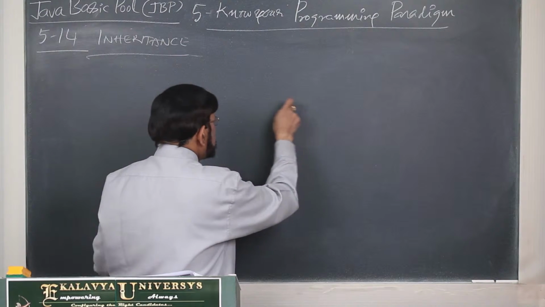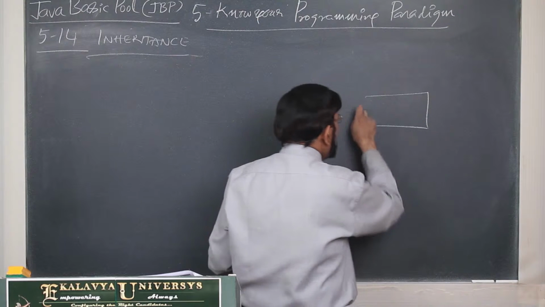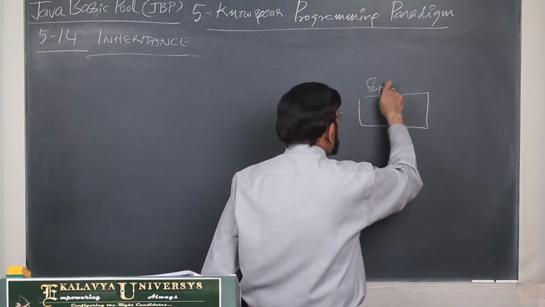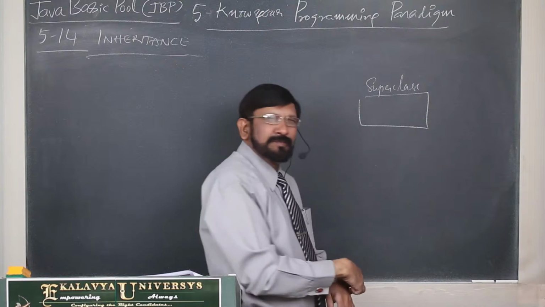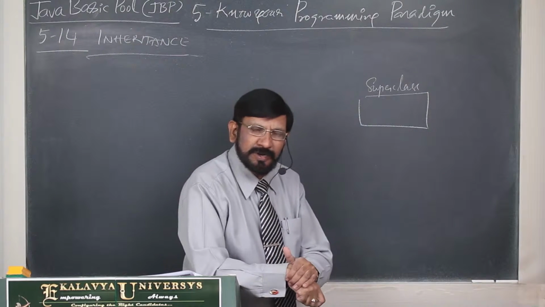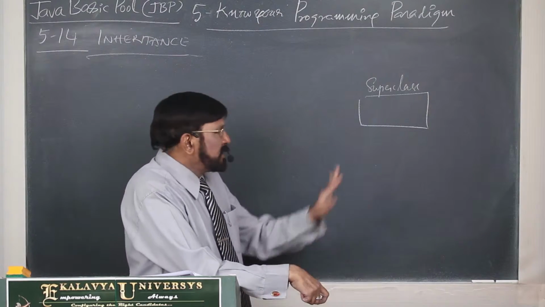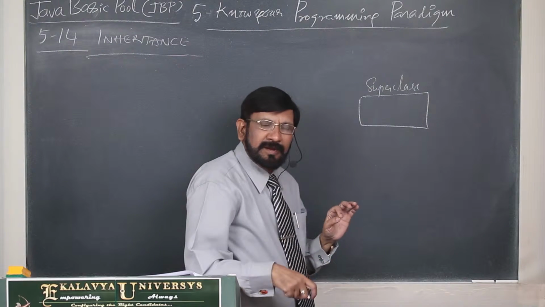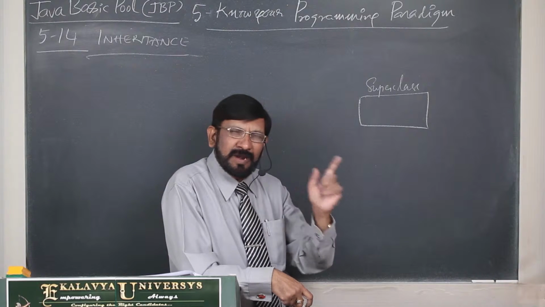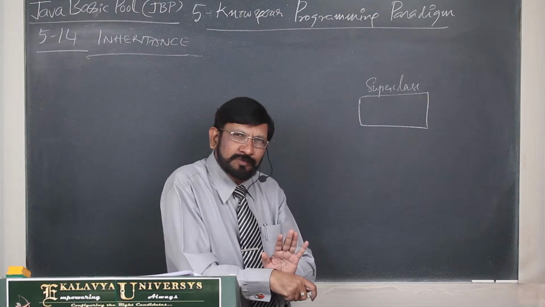The existing class is called the superclass. In Java, C++ and other languages, many different terms are used, but for the sake of integrity and uniformity, for every concept we use only one or two terms.